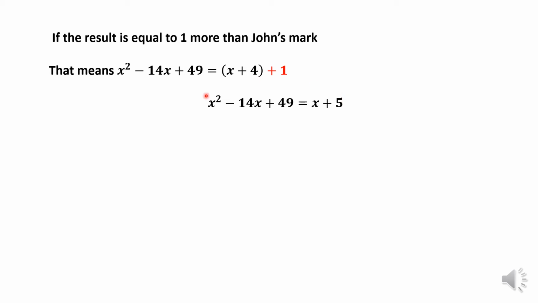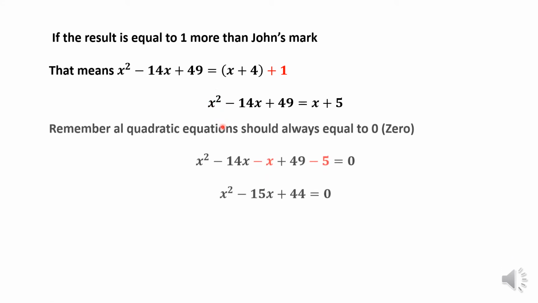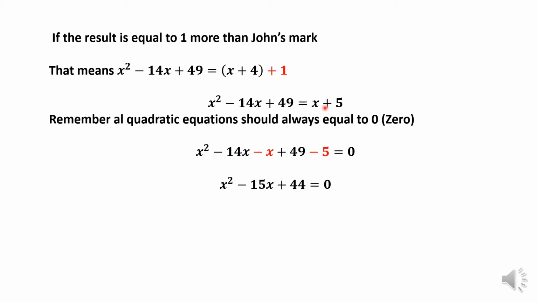So what we are going to do right now is solve this quadratic equation. But before we do that, all quadratic equations should always be equal to 0. So we have to get rid of this X on this side by subtracting X from both sides. The same applies with this positive 5. Obviously, we subtract it, which gives you negative 5. This all clears nicely to X squared minus 15x plus 44 equals 0.